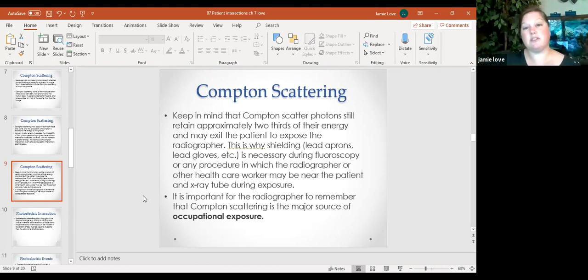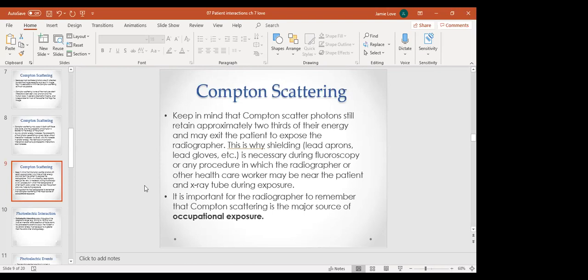It loses 1/3 of its energy, so it has 2/3 of its energy coming off the patient, that scattered photon. So that's why we want to protect ourselves with time, distance, and shielding, because we are probably going to be the ones standing there in a fluoro case where scattered photons are coming off the patient at us. That's where our dose comes into play. So the number one exposure for us, occupational dose, is Compton scatter.